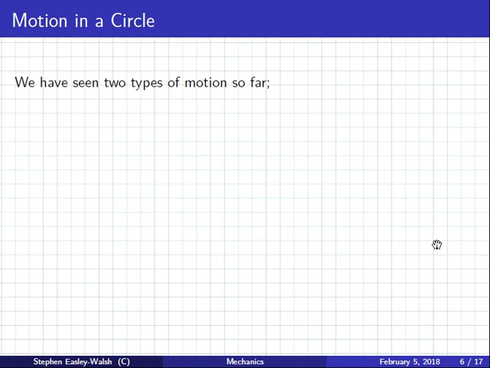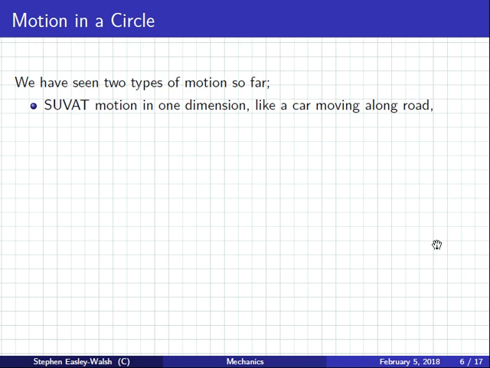Right, we've seen two types of motion so far in physics. The first one is SUVAT motion in a straight line, like a car. And then the next one is SUVAT in 2 dimensions. Now don't say it, because I know you know this word. What was this lesson called? Begins with a P. You might not know it, because you weren't in on this lesson. So what do you call this type of motion?